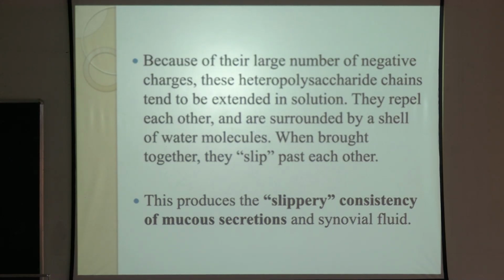All these help in accumulation of water with the proteoglycan structure. That's why it is surrounded by a shell of water molecules. The proteoglycan aggregates tend to accumulate water, so there is a cover of water molecules around the proteoglycan aggregate structures.